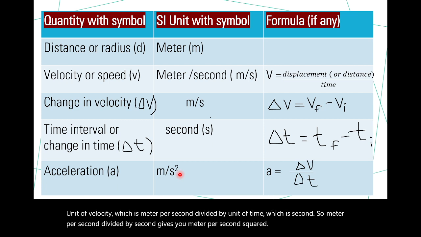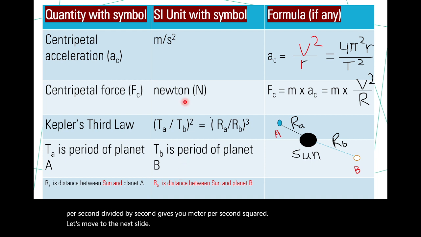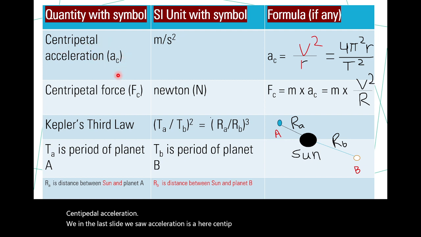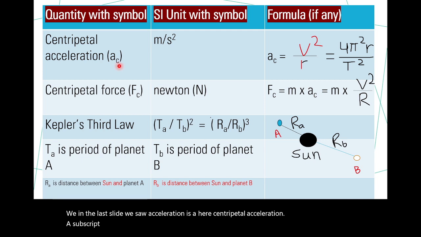Let's move to the next slide. Centripetal acceleration. In the last slide we saw acceleration is A. Here centripetal acceleration is A subscript c, a small c at the bottom, which we call a subscript.